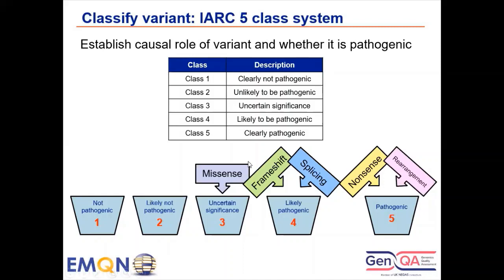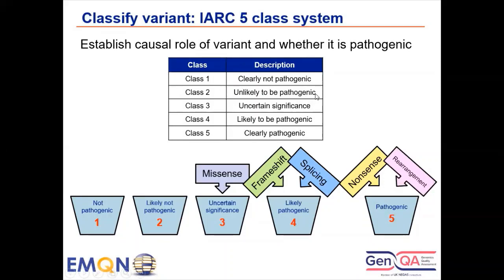We have variants that are clearly pathogenic, and variants that are clearly not pathogenic. But in between, there is a kind of gray zone. We have the variants that are likely to be pathogenic and variants that are unlikely to be pathogenic.